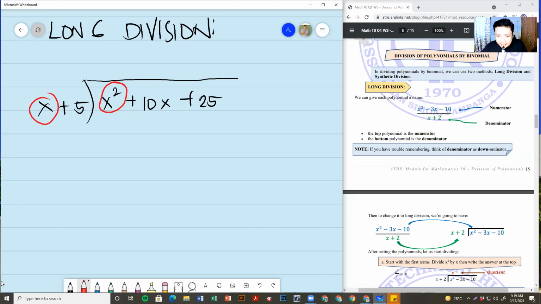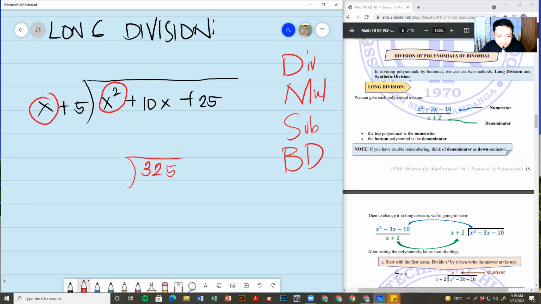So the process is divide, multiply, subtract, then bring down. Divide, multiply, subtract, bring down. Just like what we are doing in a long division. For example, we have 325 divided by 2.